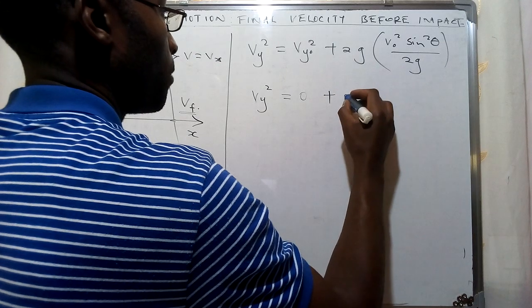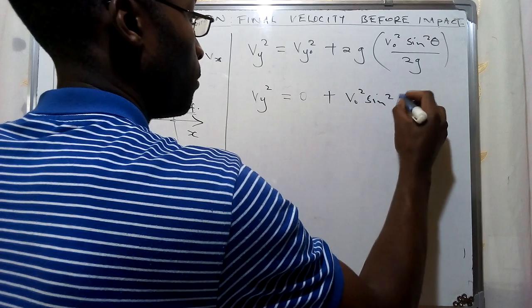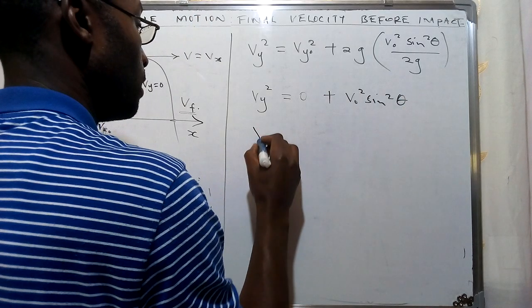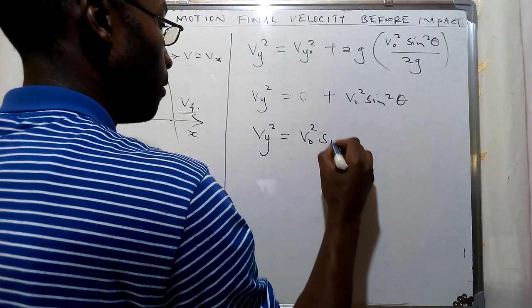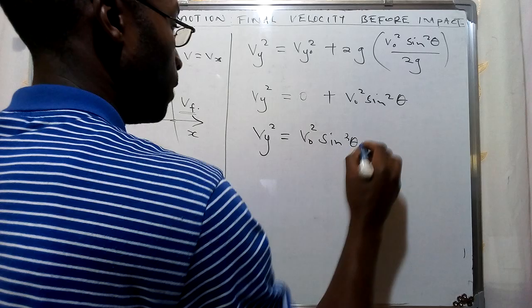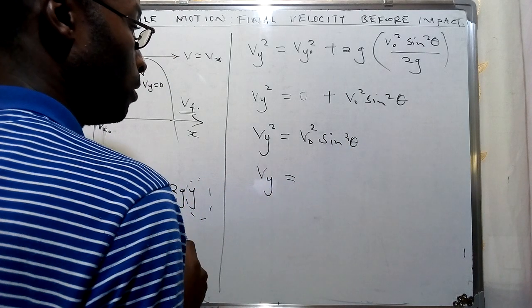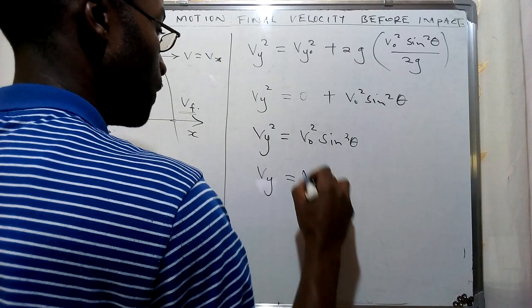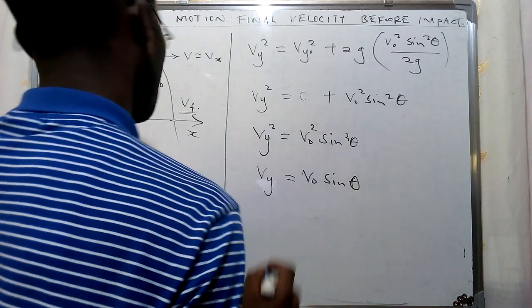So we're going to have this value given in terms of a square of that, the sine squared of beta. This implies that we have this value equivalent to v naught sine squared of beta. In finding that, of course, we take the absolute value, a positive value, which is v naught sine beta.